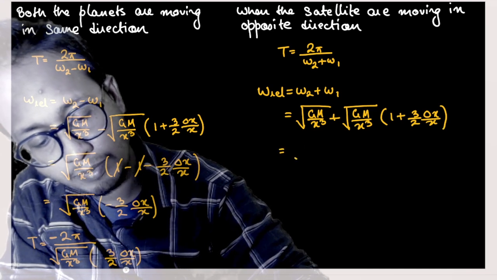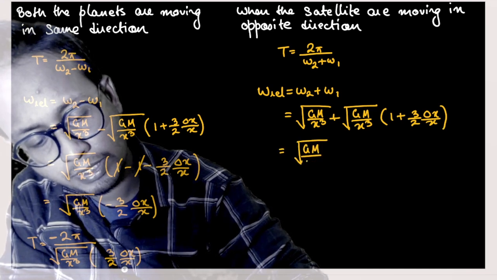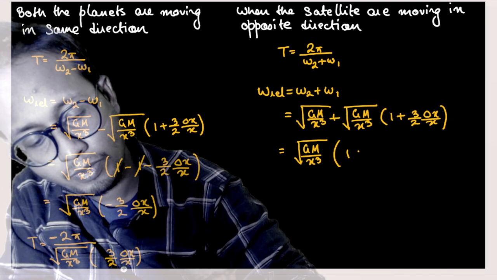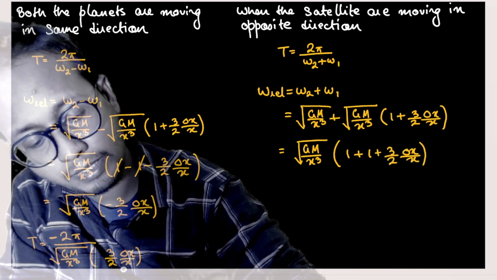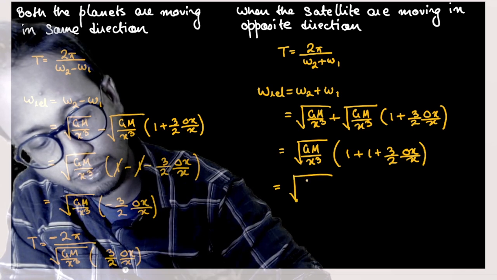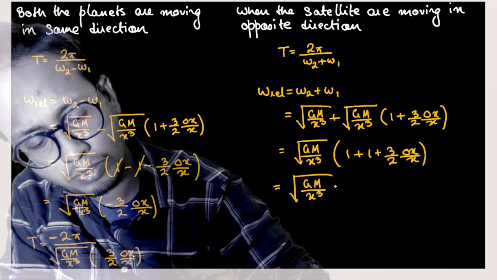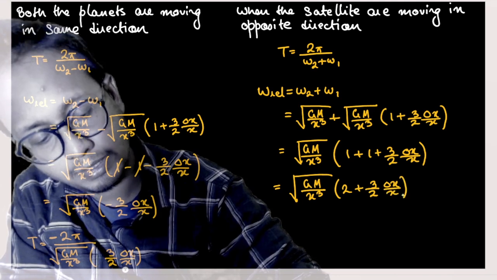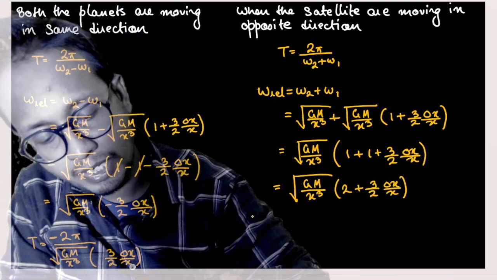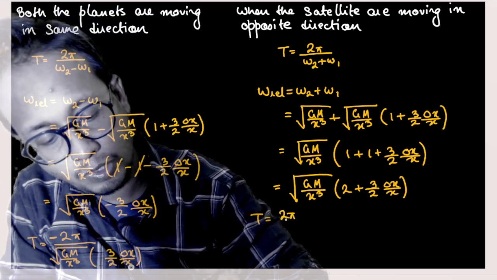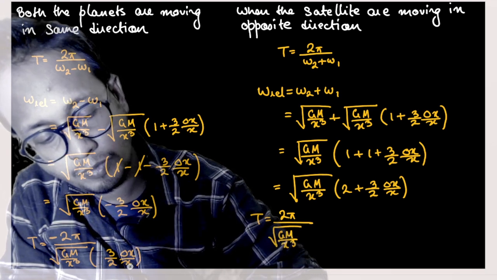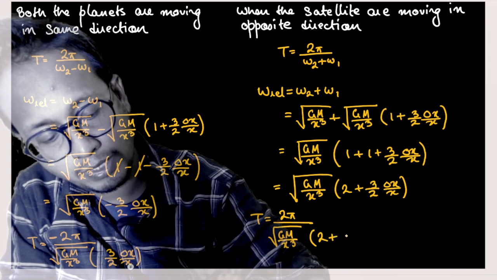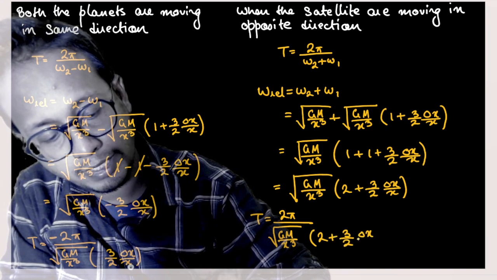When you simplify, taking GM by x cube common, you get under root of GM by x cube into 2 plus 3 by 2 delta x by x. So the time period is 2 pi divided by under root of GM by x cube into 2 plus 3 by 2 delta x by x.